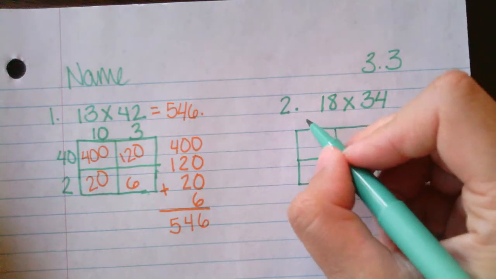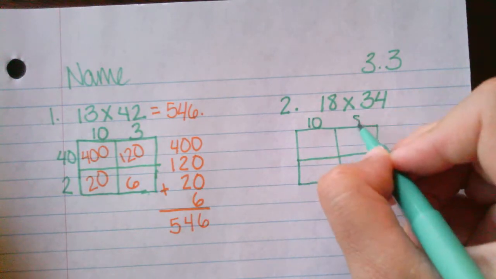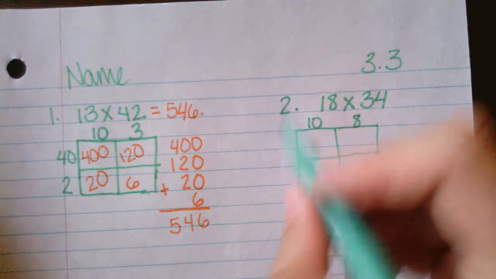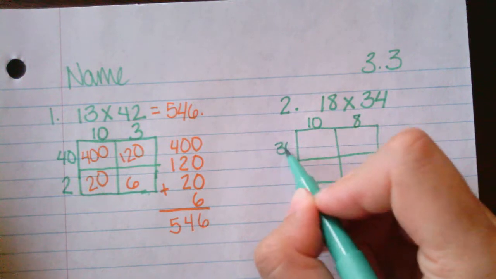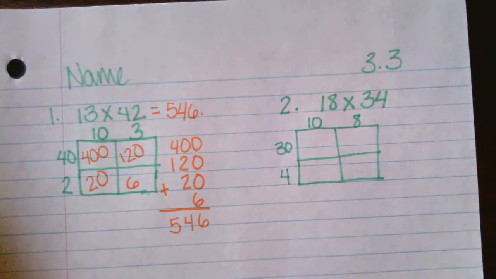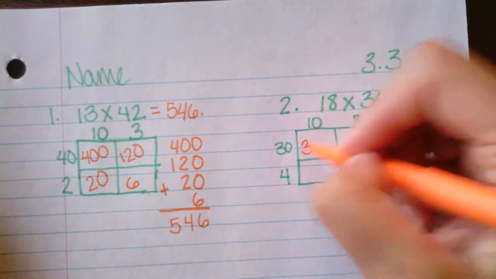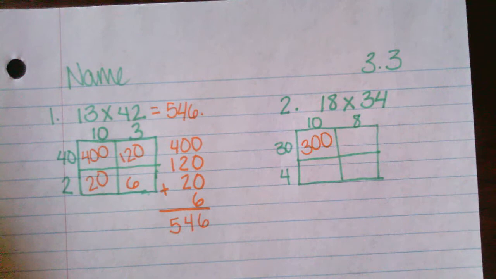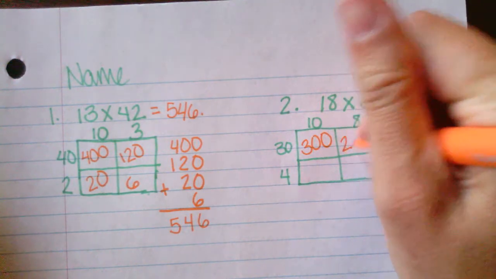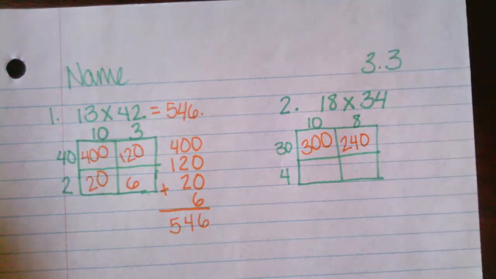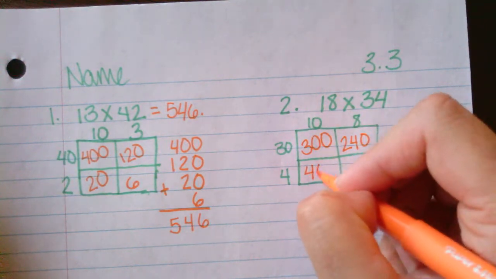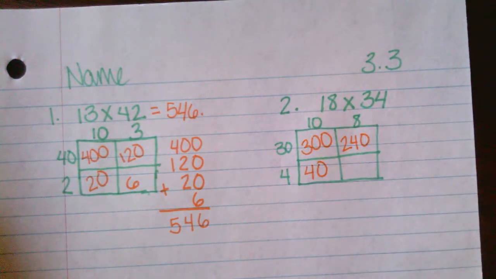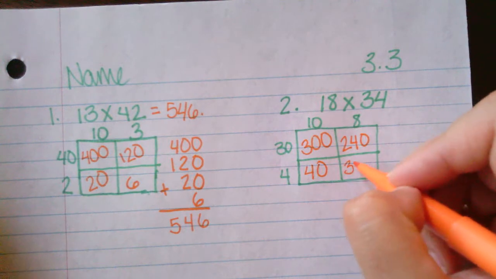And 18 is really 10 plus 8. 34 can be broken into 30 plus 4. 3 times 1 is 3, and we have 2 zeros, so 300. 3 times 8 is 24 plus 1 zero. 4 times 1 is 4 plus our 1 zero. And 4 times 8 is 32.